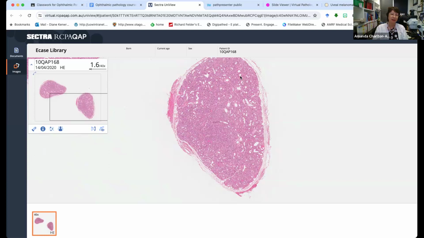What if the participant said it was a capillary hemangioma? Would we give them marks for that? We would probably not fail them because they'd identified hemangioma, but we wouldn't give them high marks. In fact, I think we might move on to the next case just now.